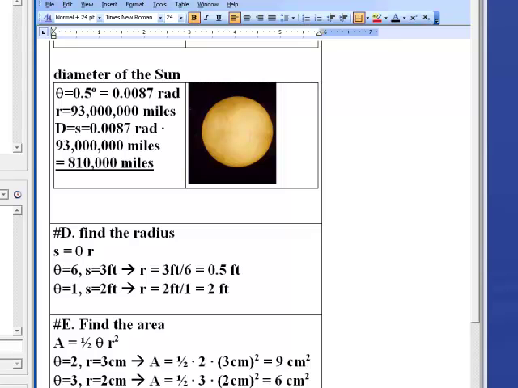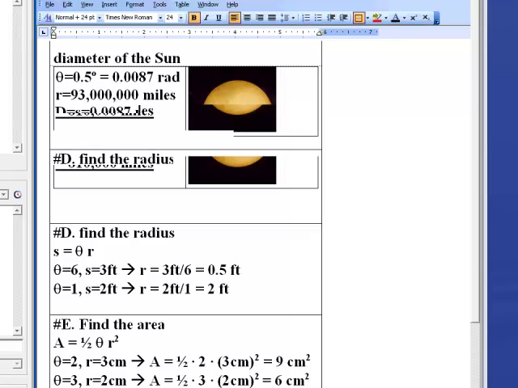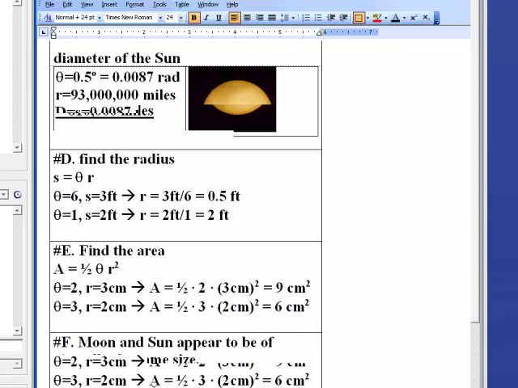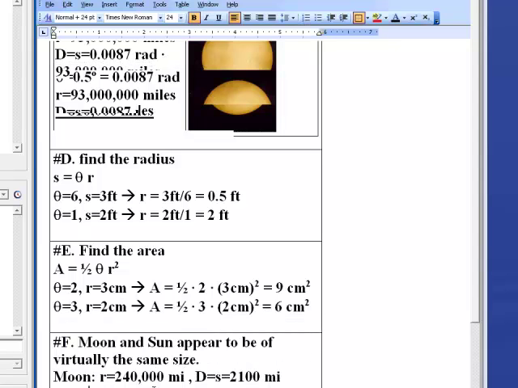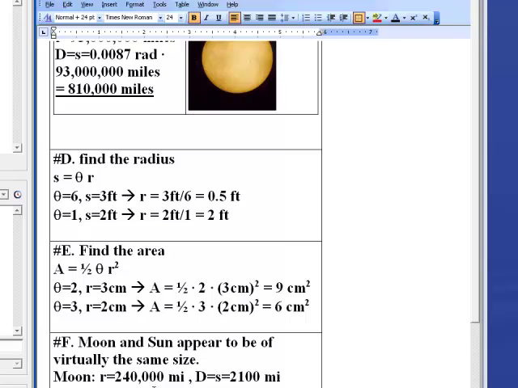And if you determined theta, you would come up with the diameter divided by the radius, and we had that earlier. That was the 0.0087 radians, or earlier given as 0.5 degrees for both of them.